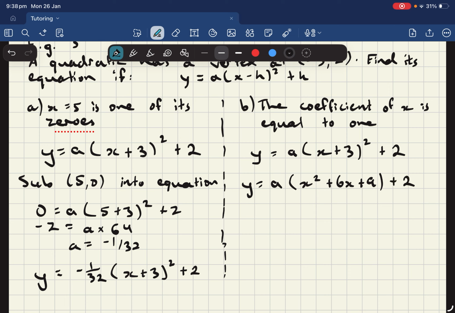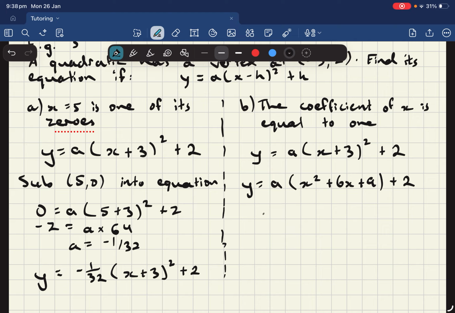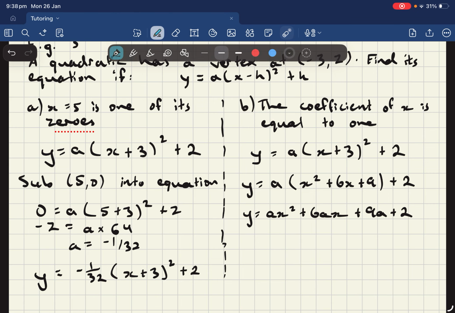So I'm going to expand this section here, because that is going to give me a coefficient of x. So I get y equals ax squared plus 6ax plus 9a plus 2. That means my coefficient of x is 6a.